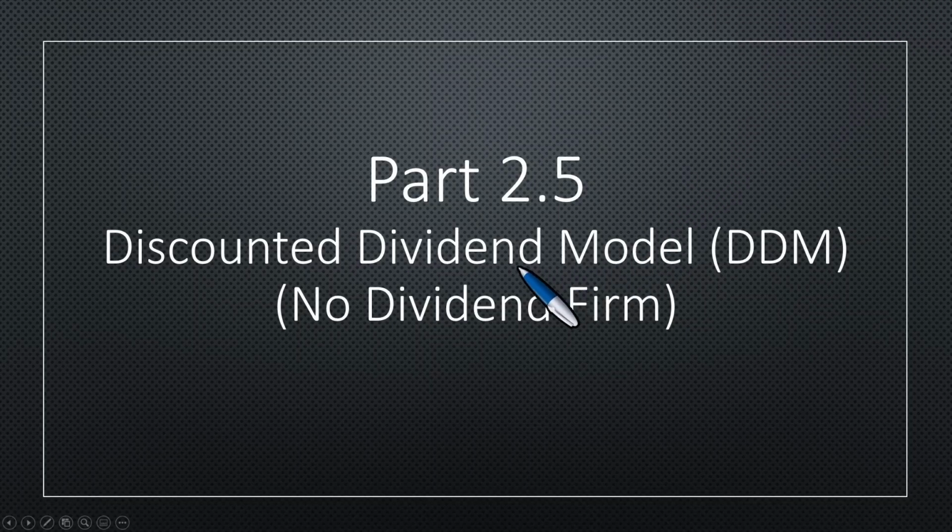card up here. In this part, we are going to look at firms that pay no dividend. How do we value them? Especially when they don't pay dividend temporarily before they start paying in the long run.